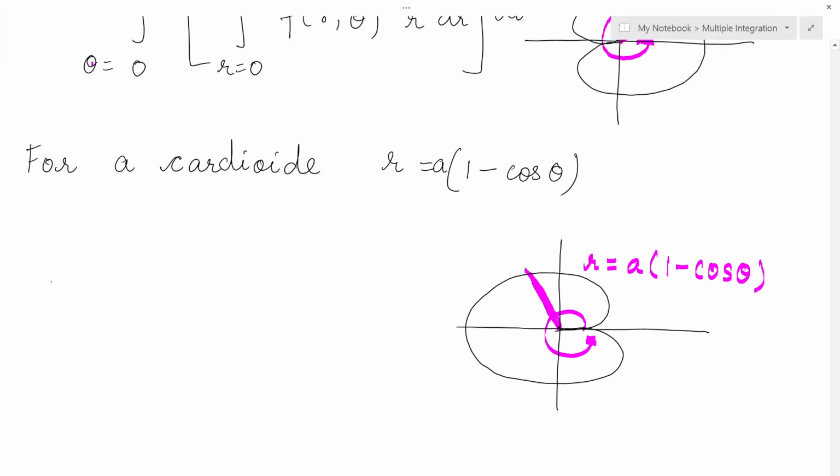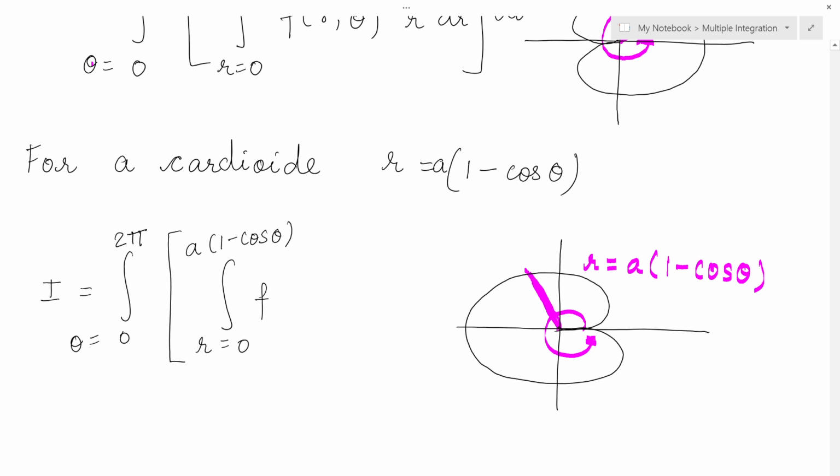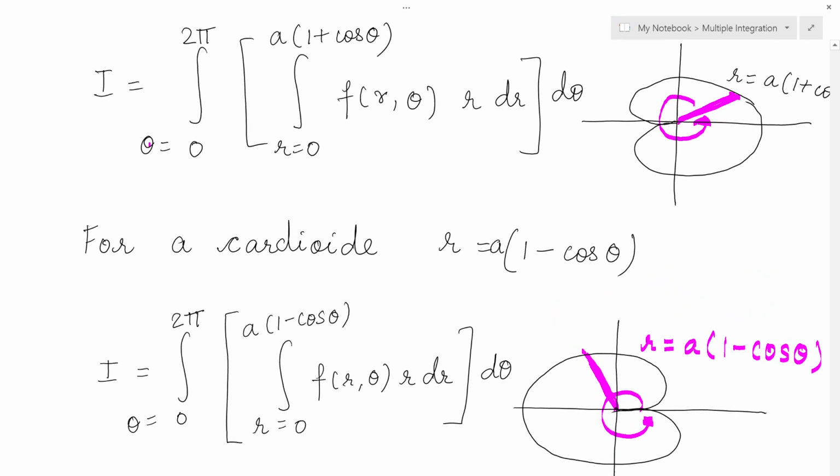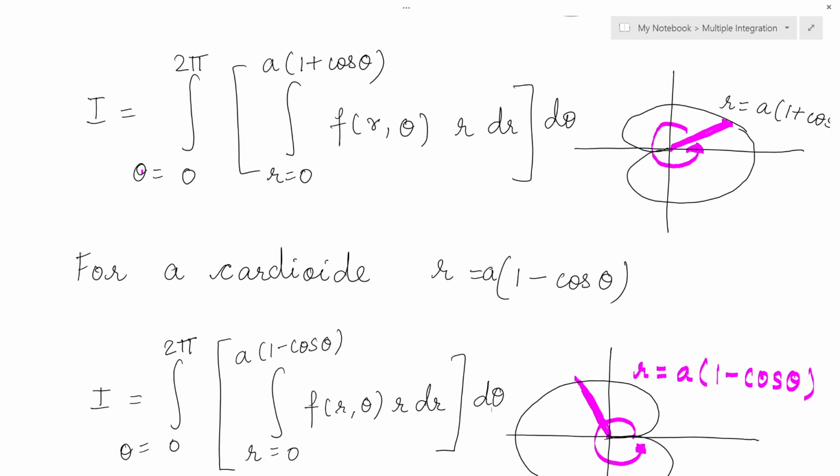So my integration for this cardioid will become: the angle theta is 0 to 2 pi as we did in the earlier sum, r will be 0 to a into 1 minus cos theta, r dr d theta. So these will be the limits of both the cardioids. I hope the cardioids are clear. The angle is 360 degrees, same as a complete circle angle.